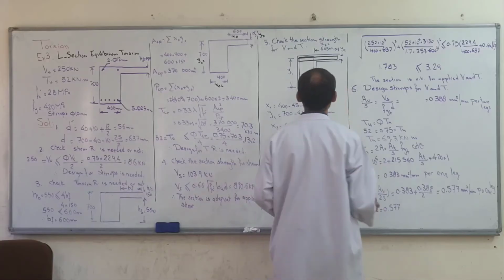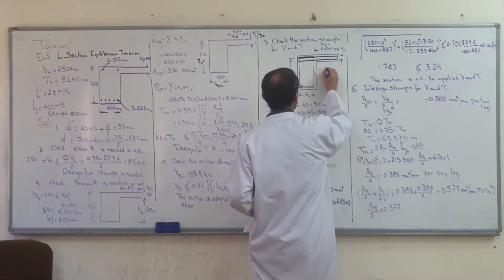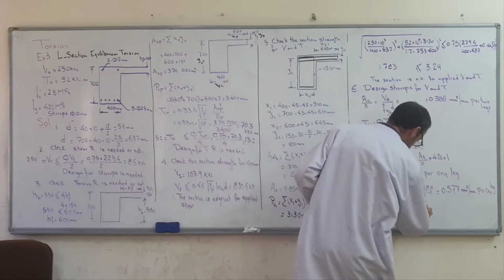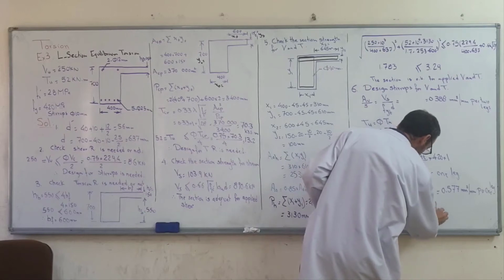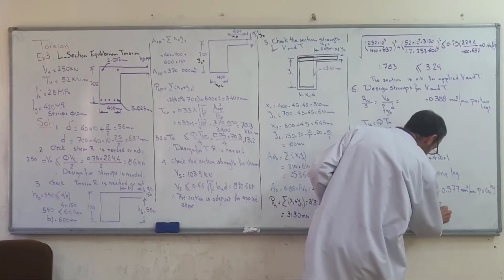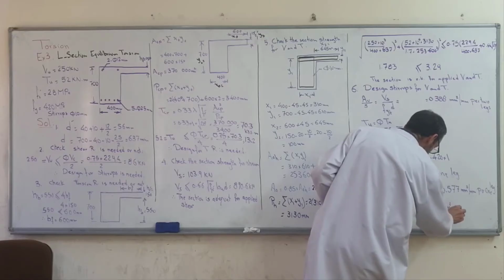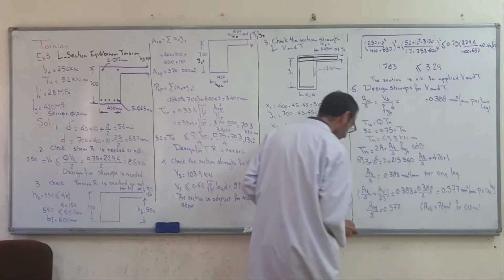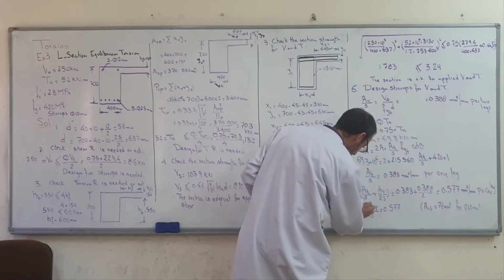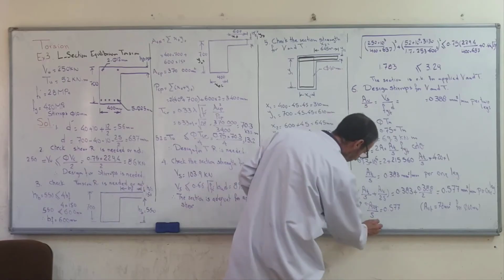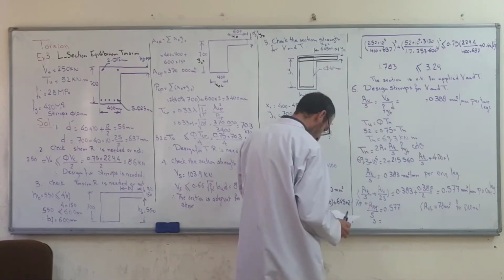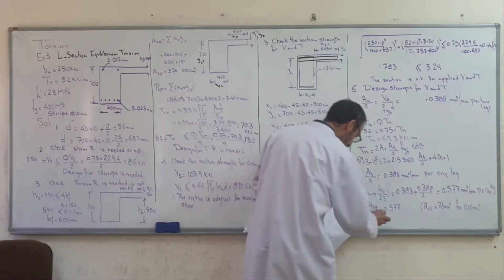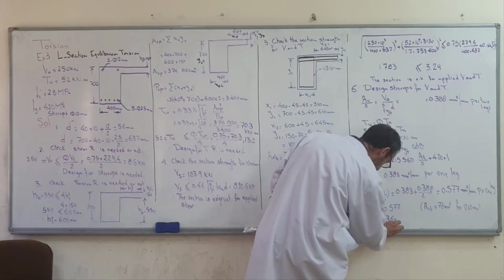We use phi 10 millimeters. Av for phi 10 millimeters is equal to 78 millimeters square. Now substitute this 78 here, and we get s equal to 136 millimeters.